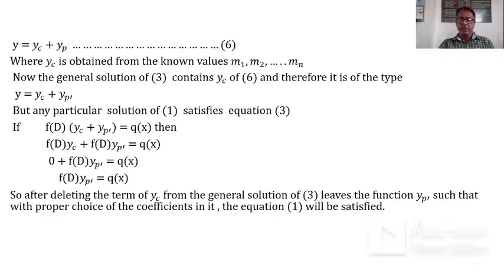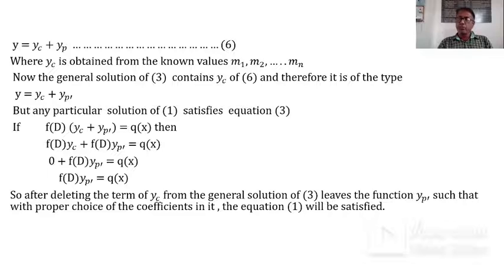So after deleting the terms of yc from the general solution of equation 3, use the function yp' such that, with proper choice of the constants in yp', equation 1 will be satisfied.